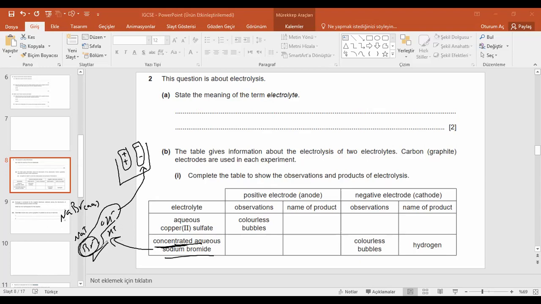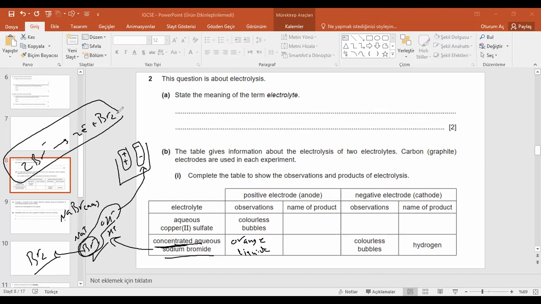Because it is concentrated, you're going to see an observation: orange liquid will be made here. Br- will be oxidized to Br2. 2Br- gives us 2 electrons plus Br2.